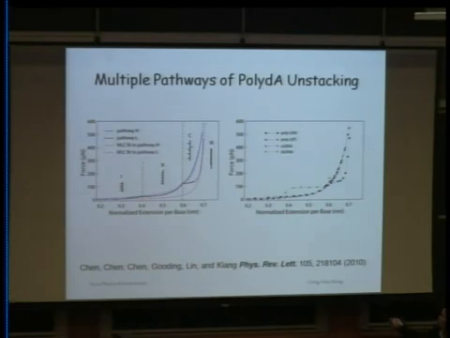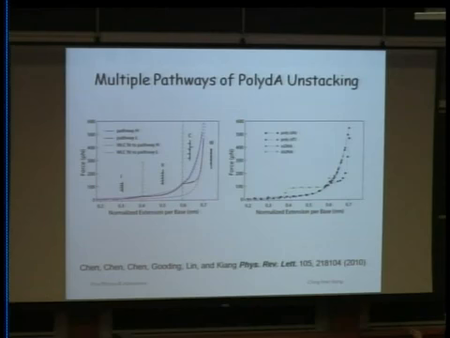And once they go over this, the stacking is disrupted, but it goes to another stacked structure, a little bit more loosely stacked, but still stacked. And once it reaches this 0.6 nanometer per base, it goes to another stacked structure. So there are actually three different ways of stacking depending on how far apart the bases are stretched.